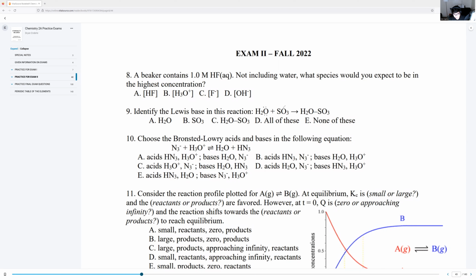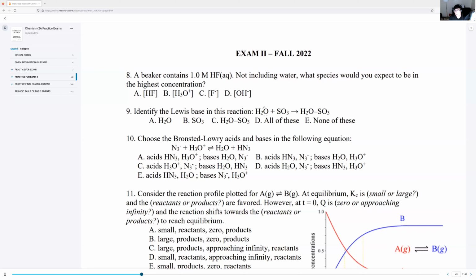Lewis bases are electron donors, while Lewis acids are electron acceptors. The Bronsted-Lowry definition has to do with hydrogens, protons, moving around. Lewis acids and bases involve electrons being moved around, which is a more general definition. So Lewis encompasses Bronsted-Lowry and Arrhenius. And Bronsted-Lowry encompasses the Arrhenius definition as well. So Lewis is the most broad.